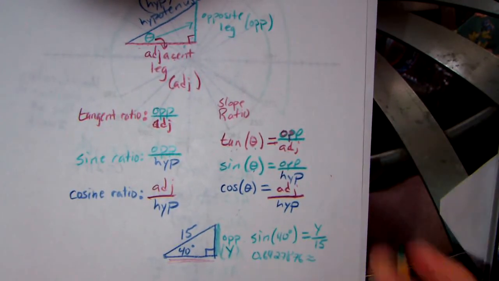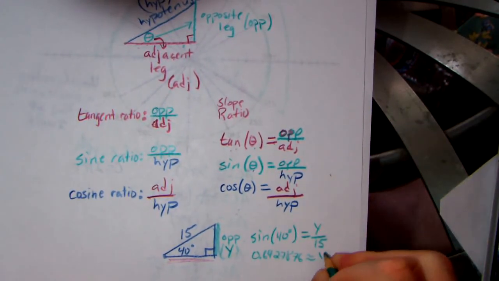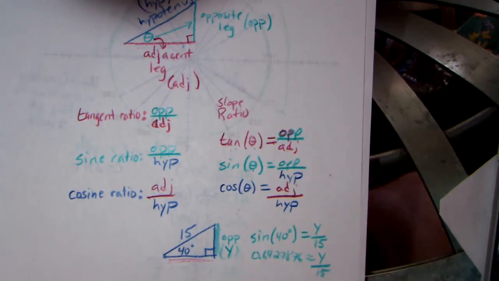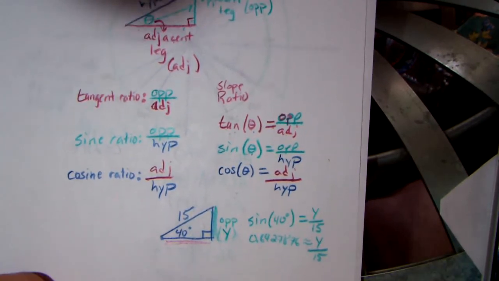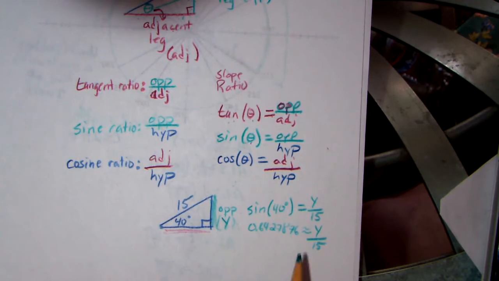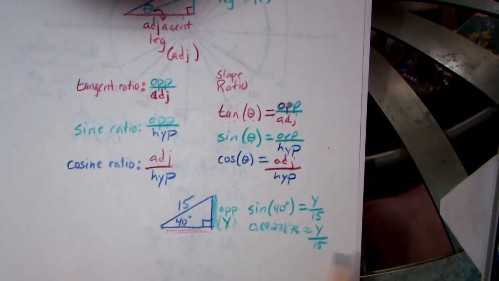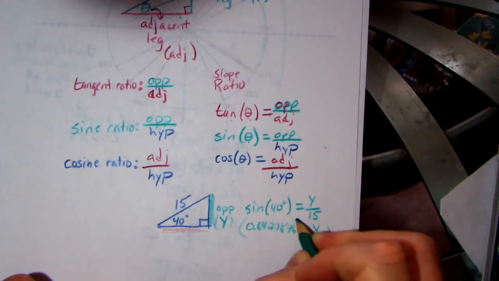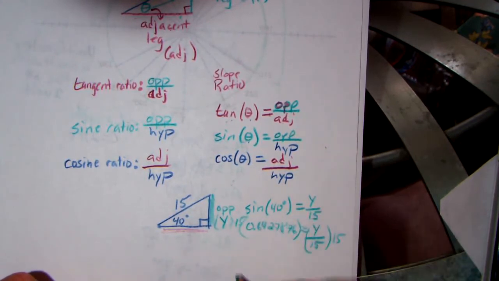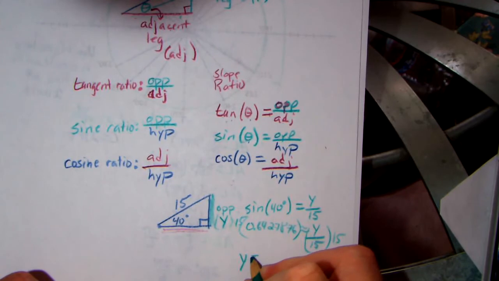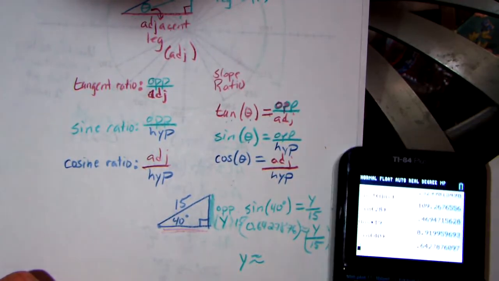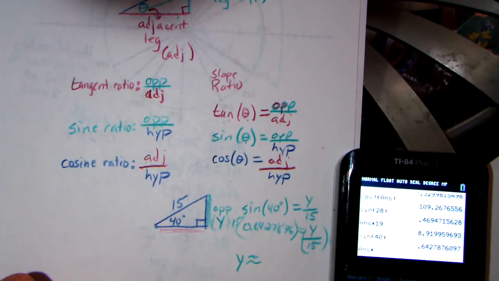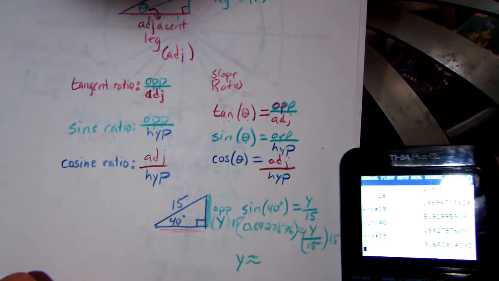And I happen to have, for my relationship in my triangle, that y divided by 15 is going to give me that decimal number. So then I just take both sides of the equation and multiply by 15, and I can figure out that the length of side y is about 9.64.